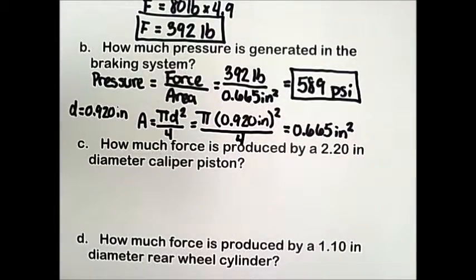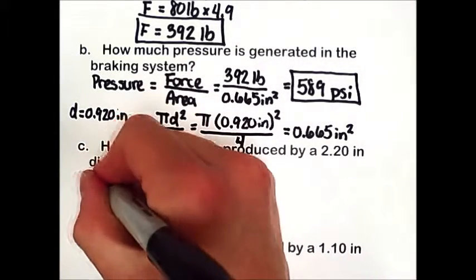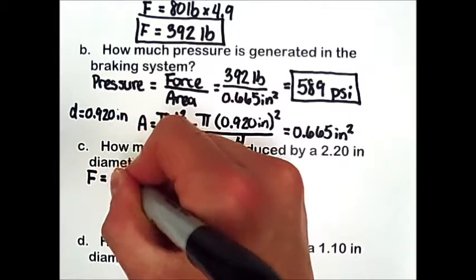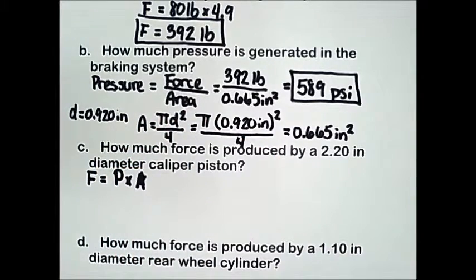Part C then asks us how much force is produced by a 2.20 inch diameter caliper piston. So again, before we can try to calculate the force, because force is equal to pressure multiplied by the area, we need to calculate what that area is.